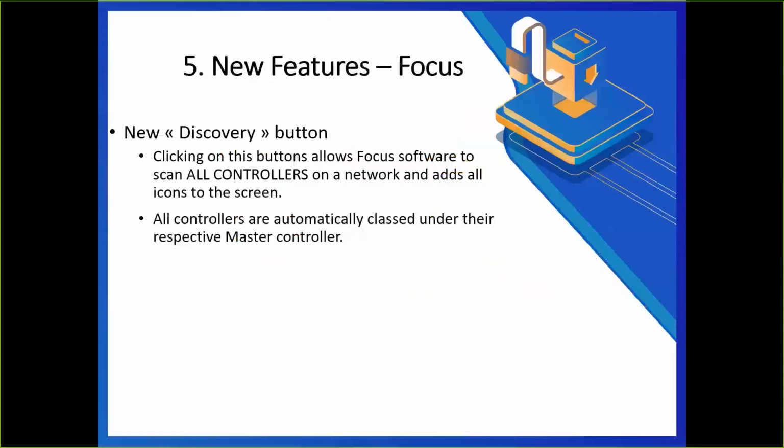Now focus, and this is something that people have been asking for a long time. It took us a while to engineer. But you now have the ability to walk up to a job that you have never connected to before and do a complete network discovery of every single controller that is on the entire network.